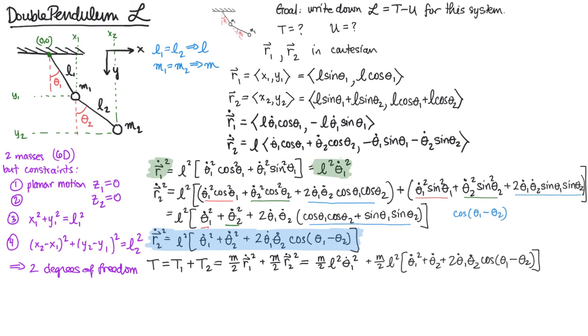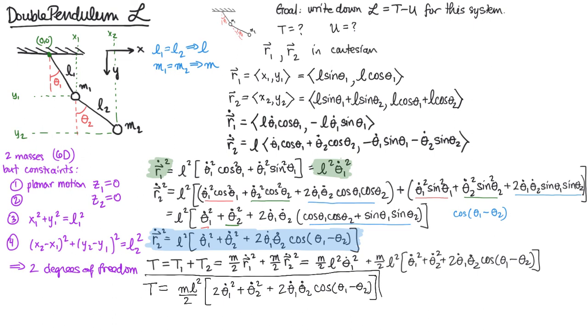We don't get too much more simplification beyond where we are now, but our total kinetic energy will be m L squared over 2. That's a term that's common to everything. And inside we'll have 2 factors of theta 1 dot squared, 1 factor of theta 2 dot squared, and that cross term times the cosine of the angle difference. And that's it. That's our kinetic energy.